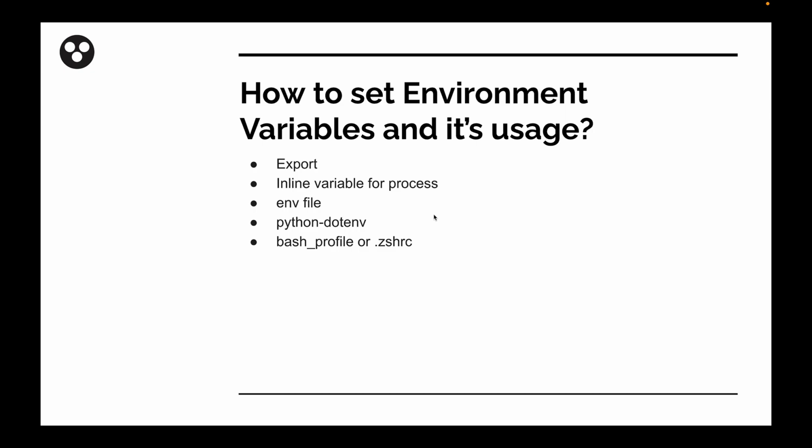The other use case is you also want to export these environment variables globally inside the whole shell. For that you can mention those environment variables inside the bash profile file, or if you are using zsh, then inside zshrc or bashrc. You just have to write the export statement, export the variable name and the variable value.